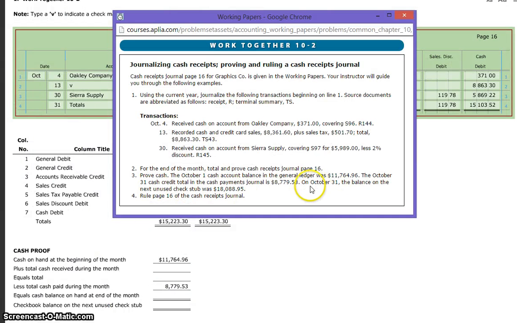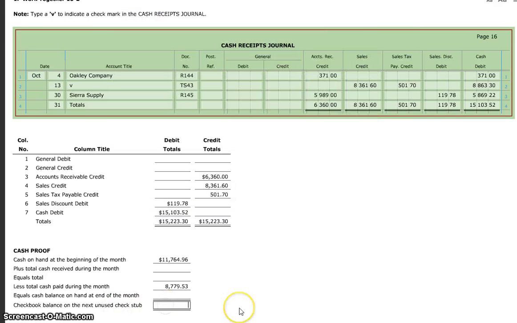And the last number they give us on October 31st, the balance on the next unused check stub was $18,088.95. So right here, checkbook balance on the next unused check stub is the amount they just gave us, $18,088.95. So those three numbers are given, so we might as well just plug those in so we know that those numbers are done and where we got them from.